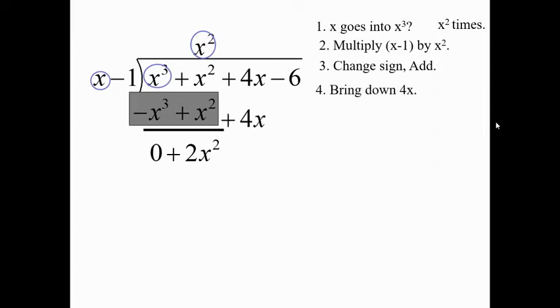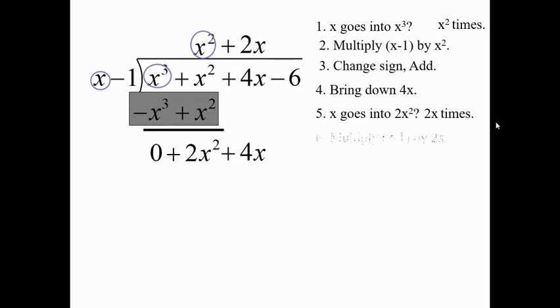So we're going to bring down the 4x. And then the next thing we have to ask ourselves is how many times does x go into 2x squared? It goes into 2x squared 2x times. Okay, and that's what we write on top.